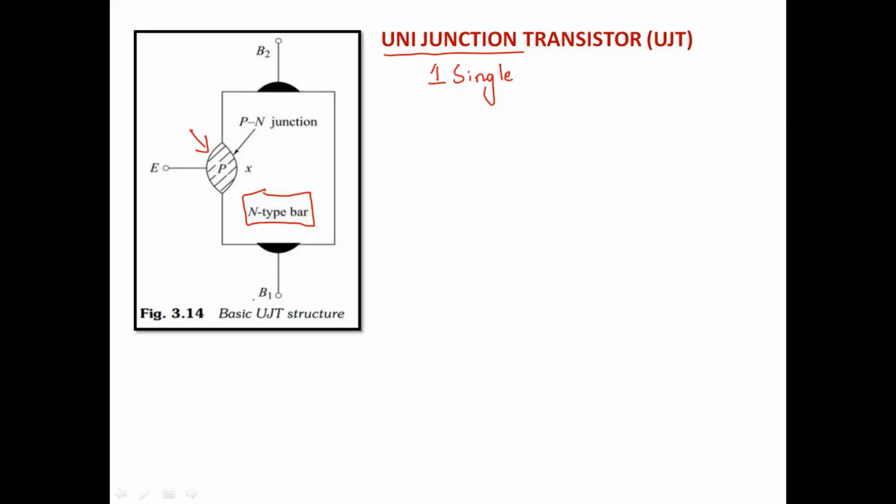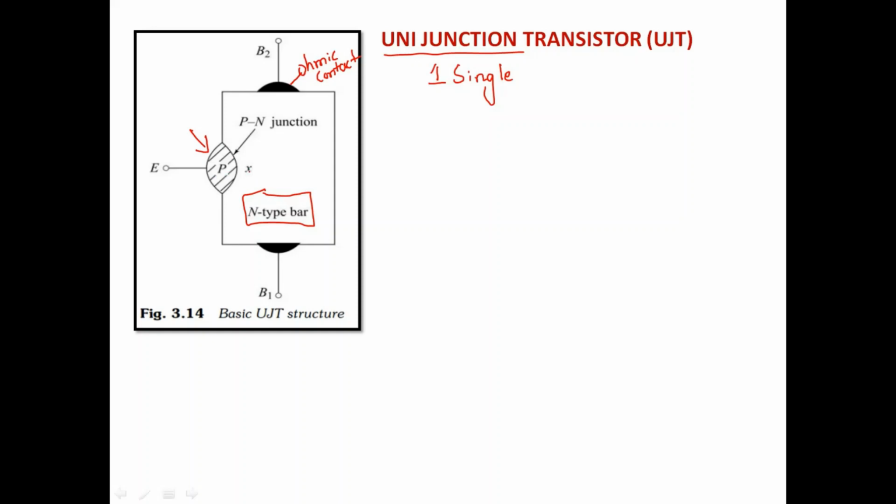One is B1, base 1 layer, and base 2 layer, which is connected to the N-type bar through the ohmic contact. As you know, ohmic contact is a very good interface between the conductor layer and semiconductor layer. And we are going to introduce one P junction here, P material here. So this forms a PN junction.